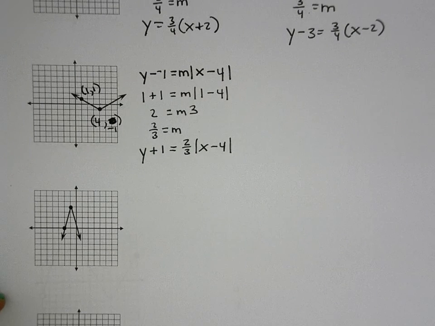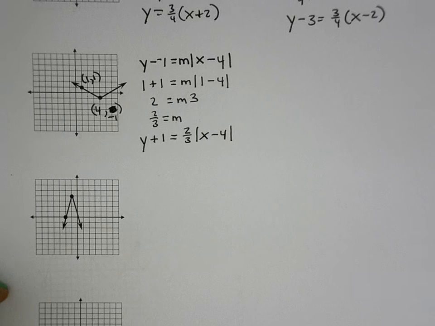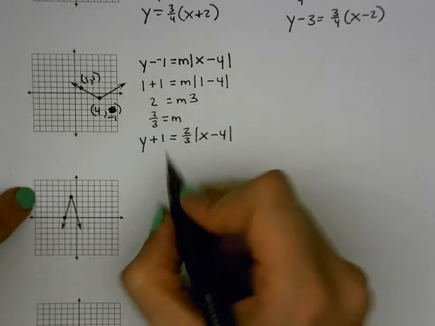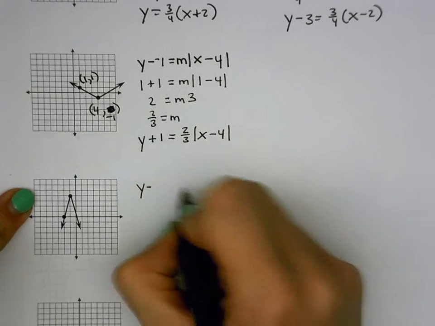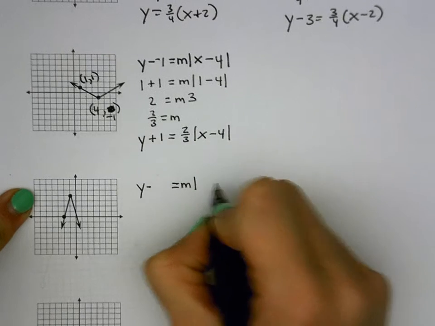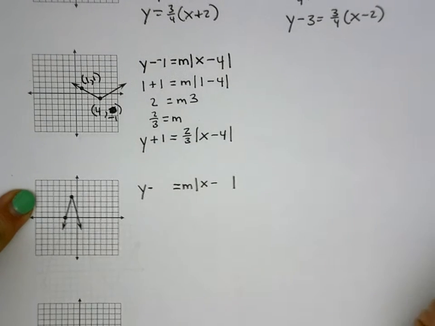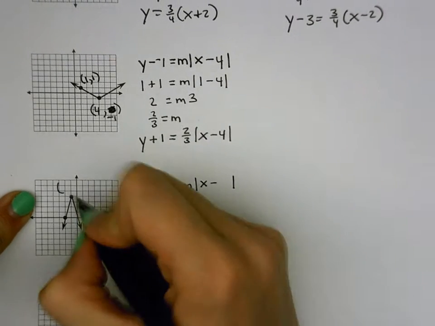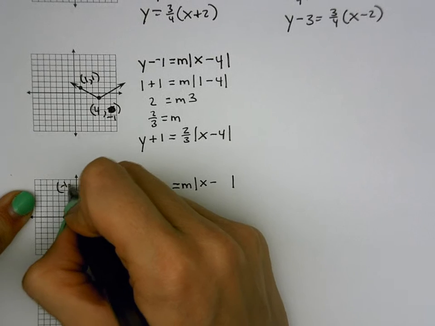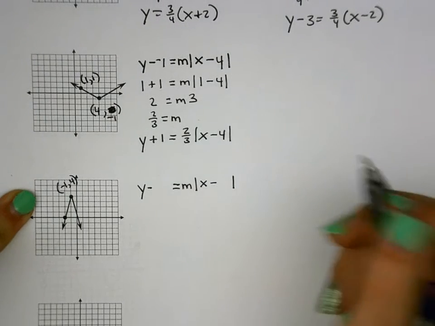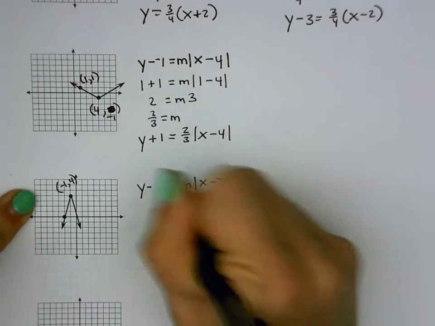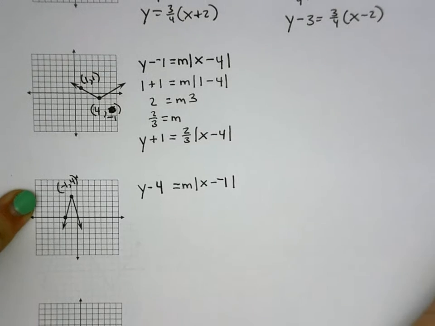Okay, next one. Pause the video if you're going to do so. Okay, we have y minus y1 equals m times the absolute value of x minus x1. My coordinate point is (-1, 4). My vertex here, my (h, k), so we have -1 and 4.